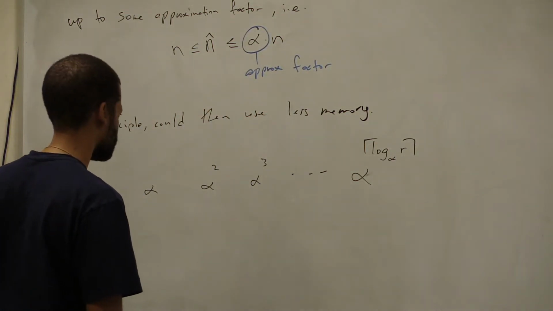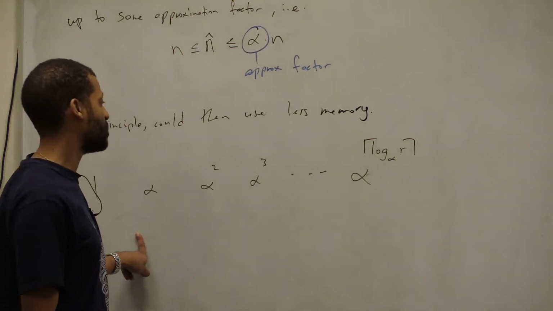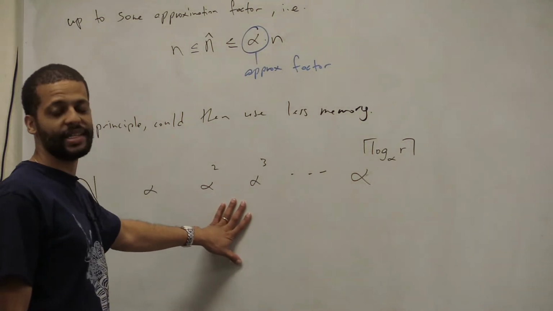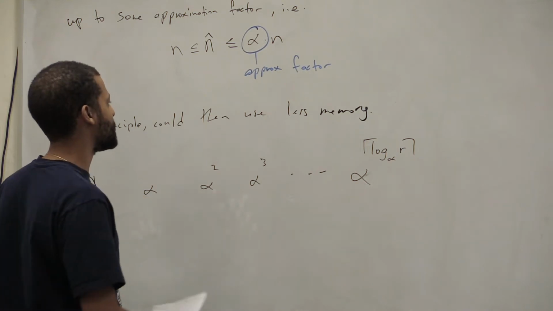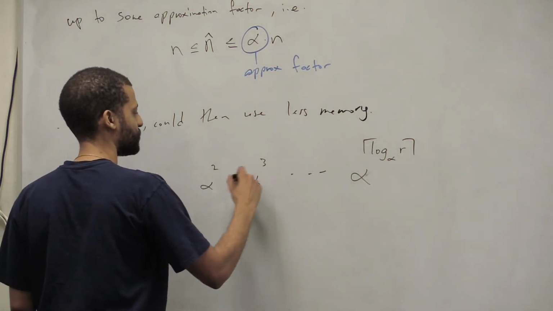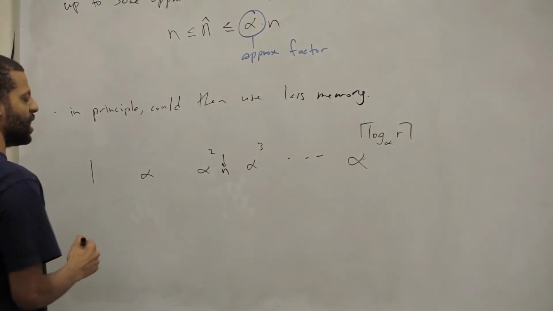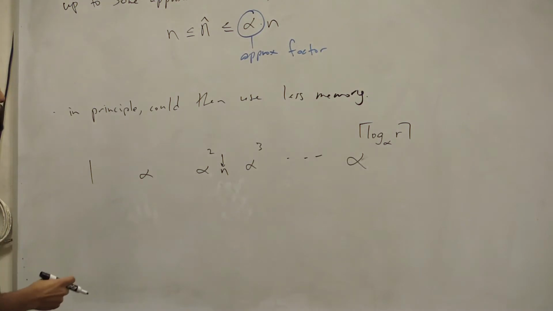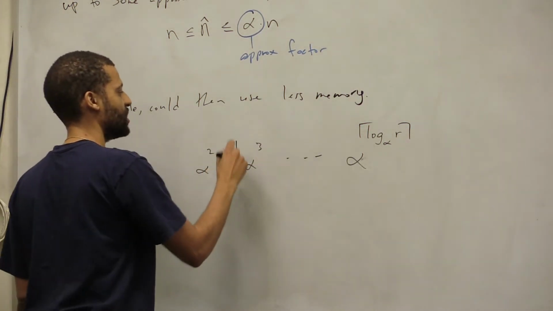Okay. If all I need to know is the answer up to a factor of alpha, then all I need to tell you is, n is somewhere, maybe n is right here. All I need to then tell you is the next power of alpha that's right after n. So I could just return this to you.